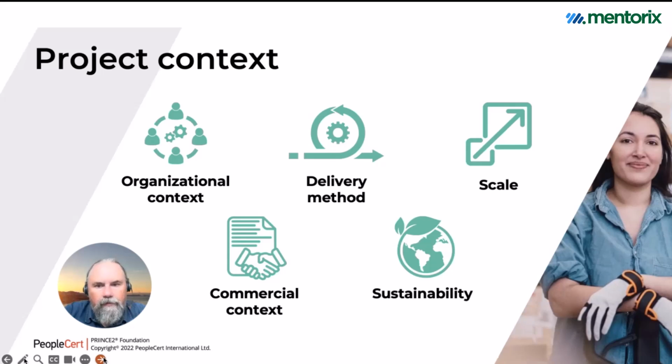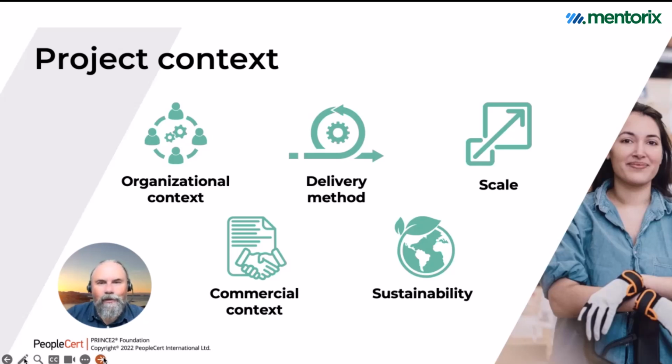So the five key cornerstones in the project context are the organizational context, and also understanding the way of delivering things. As you can see here, even in the context discussions, there are clear guidelines that you need to understand what is the best way of delivering things.